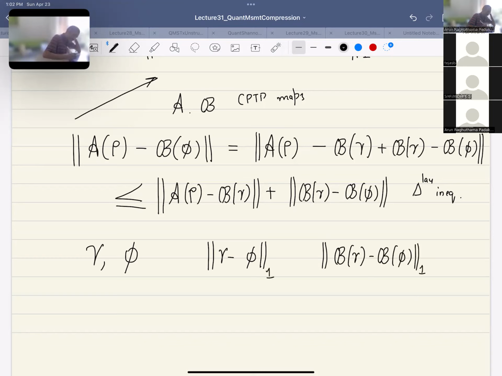I'll give you some intuition for this. A CPTP map is like adding noise. It's making it more uncertain, right? So if I have two distributions and I add the same noise to those two distributions, then they become less easy to distinguish.